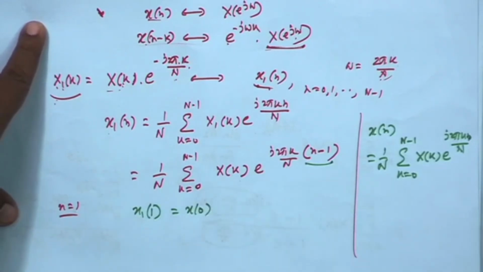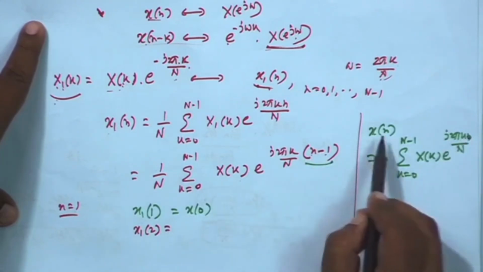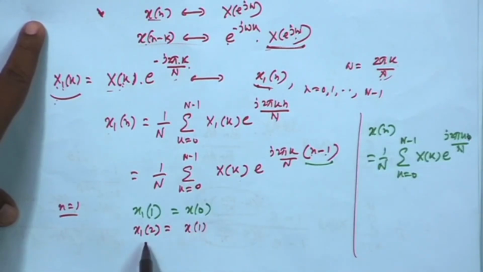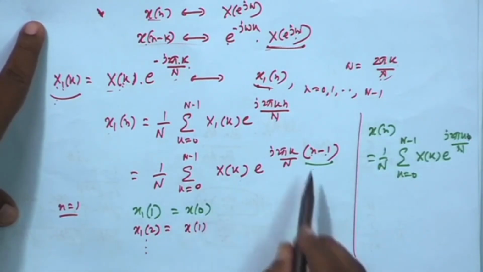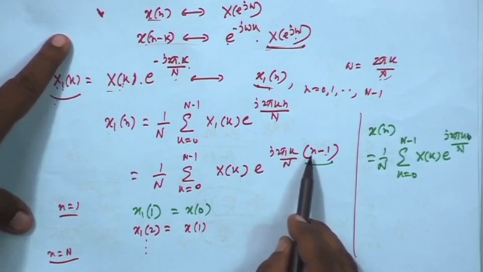Then take x 1 2, n equal to 2. If n equal to 2, it is 2 minus 1, 1, that is 1 here. So, take n up to capital N. Suppose n is capital N, I take n equal to capital N, then what happens? It will be capital N minus 1.